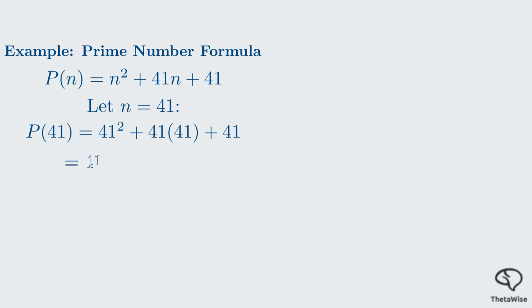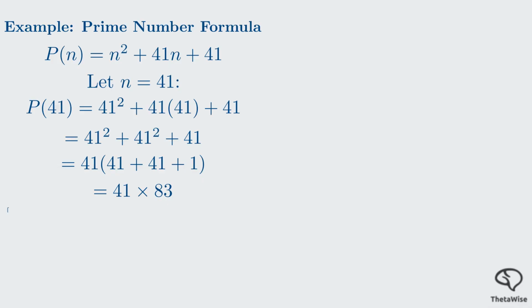Simplifying this, we get 41 squared plus 41 squared plus 41. Factoring out 41 gives us 41 times the sum of 41, 41, and 1, which equals 41 times 83. Because the result is a product of 41 and 83, it is a composite number, not prime. Therefore, the universal claim is false.